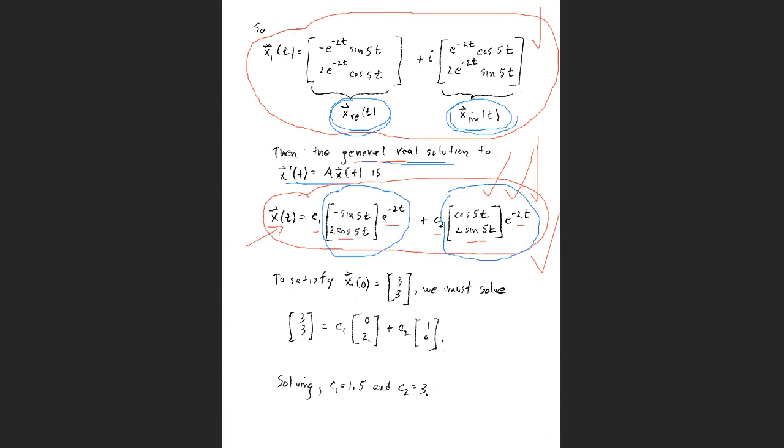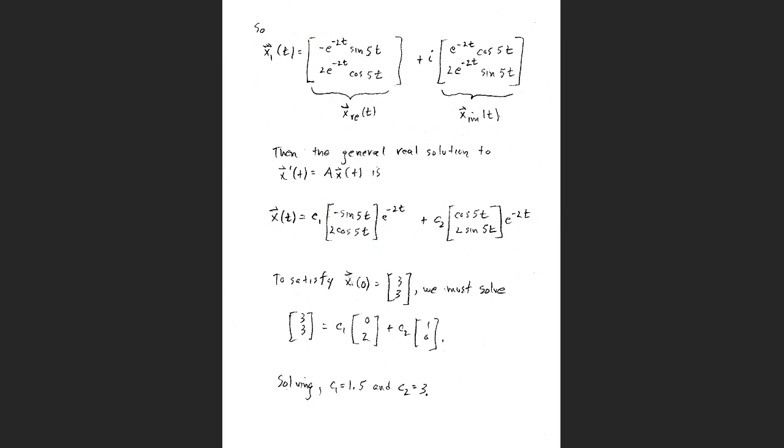But now what we want to do is actually apply the initial conditions. So x of 0 is equal to 3, 3.